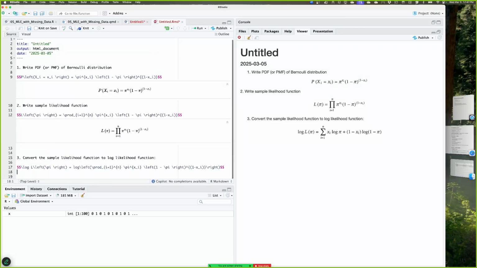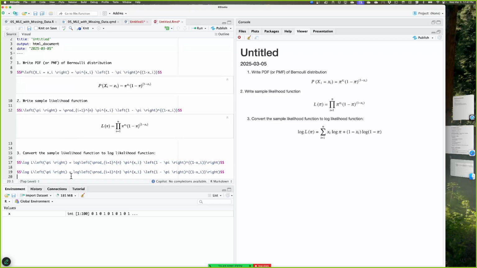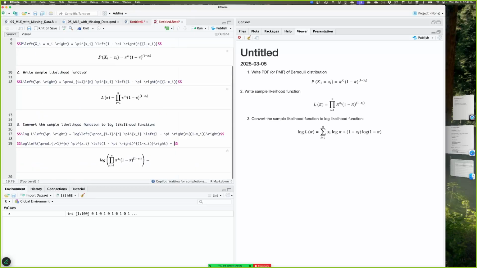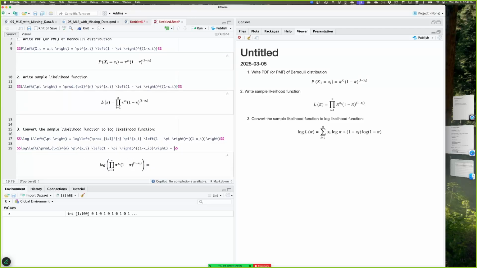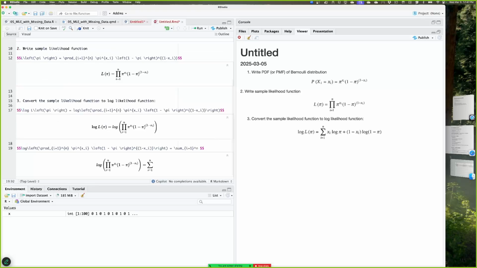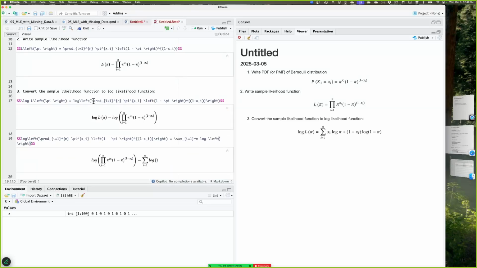That term becomes the sum from i equals 1 to n, which is all of our observations, of the log of what's in the product. So this will be log right here, and that's this term right there.